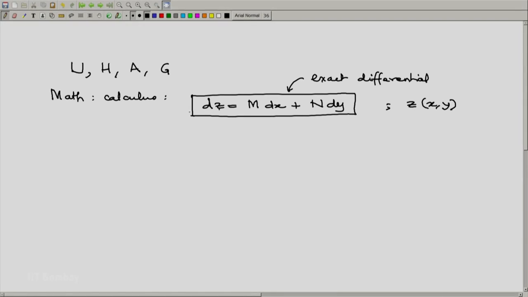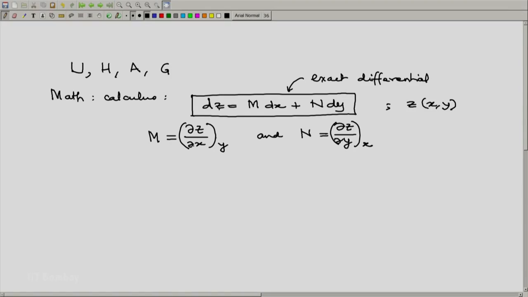And because this is an exact differential, M will represent partial of Z with respect to X at constant Y, and N is going to represent partial of Z with respect to Y at constant X. Quite often in elementary treatments of mathematics, we do not write the variable which is maintained constant, Y here and X here.